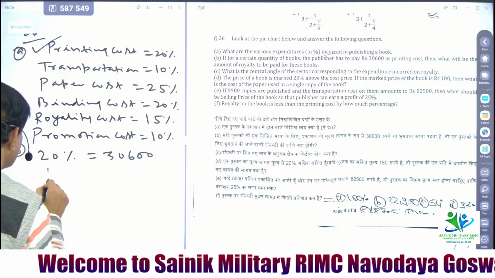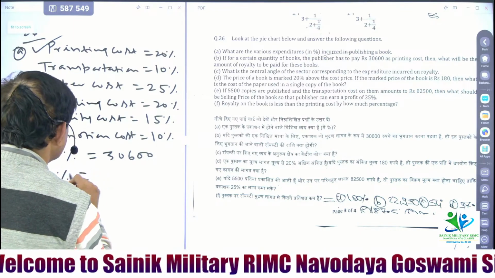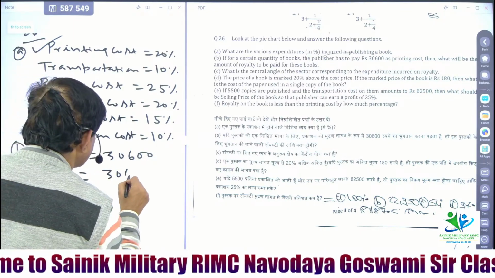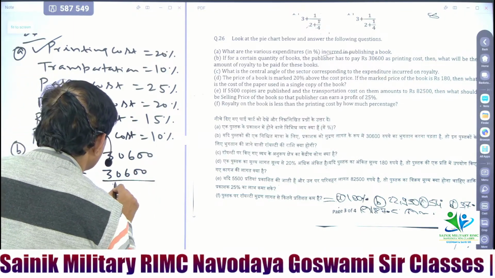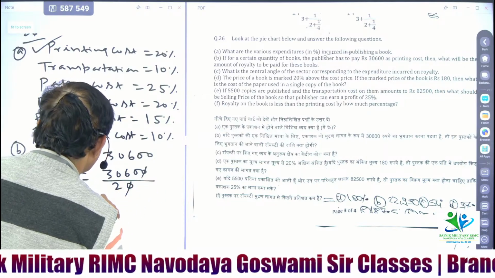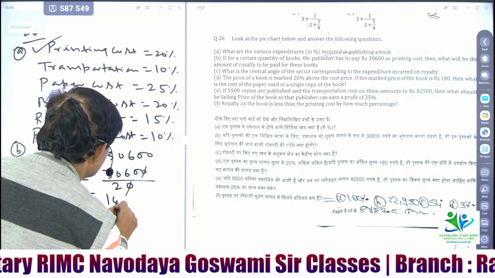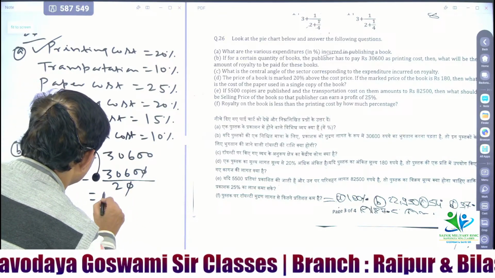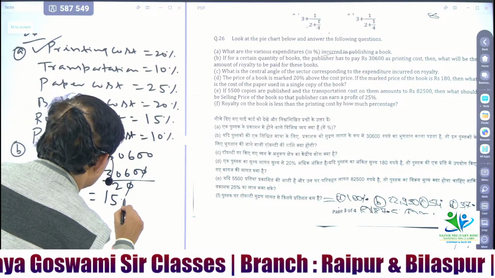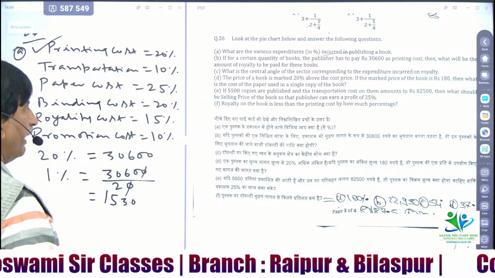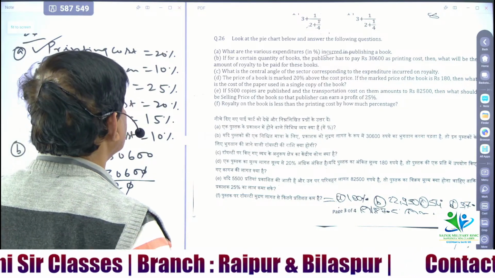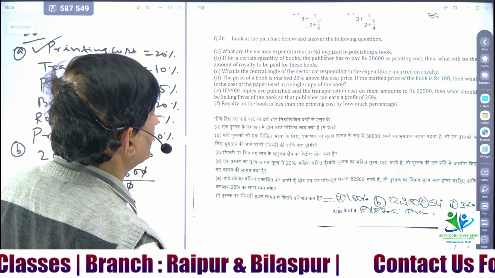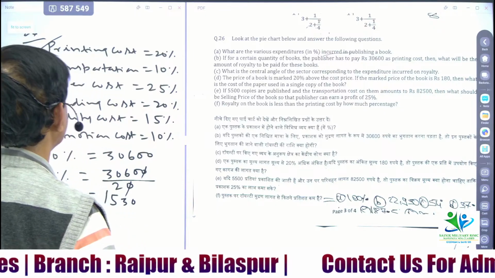And from here you can get 1% is equal to 30600 divided by 20. Cancel here, and that is 10. If you divide by 2, you get here 1530.